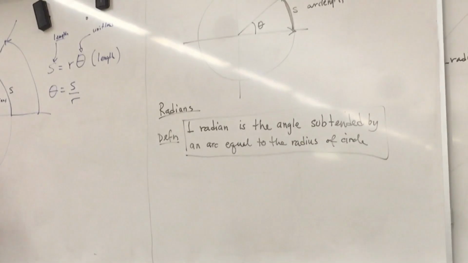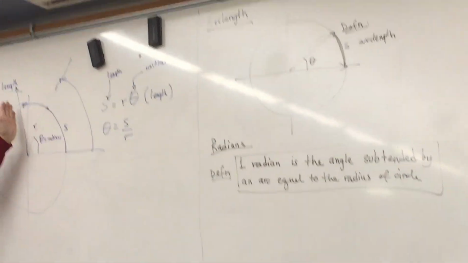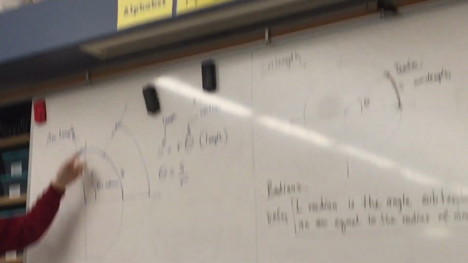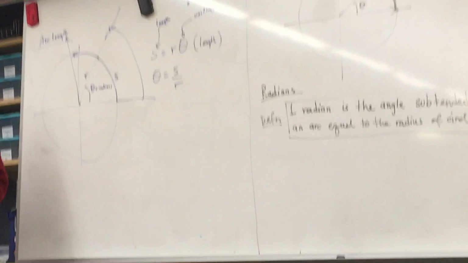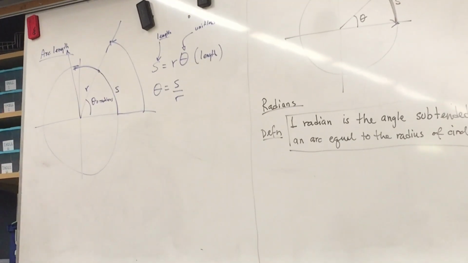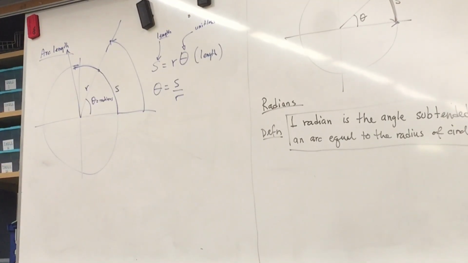So by that definition, if I have 1.5 radians here, this is going to be 1.5 times the radius. Okay. If you have the proper definitions in math, then things just fall out quite naturally.